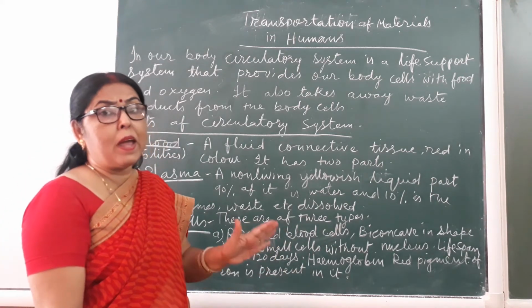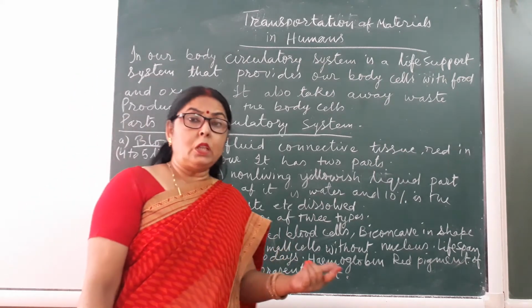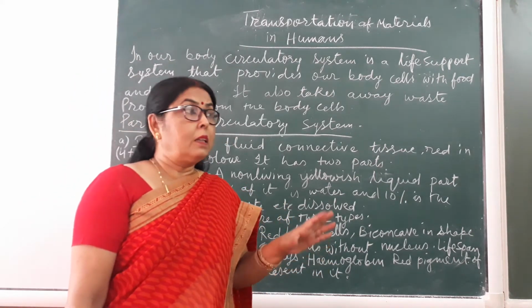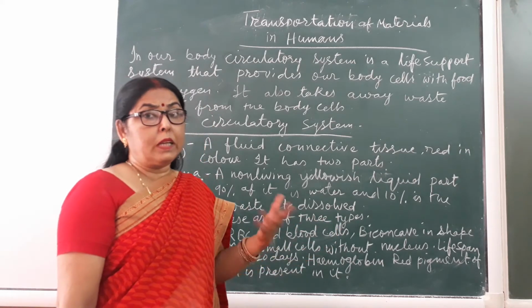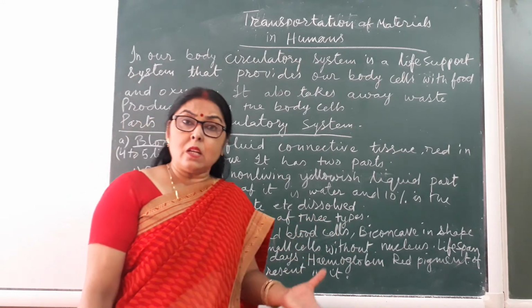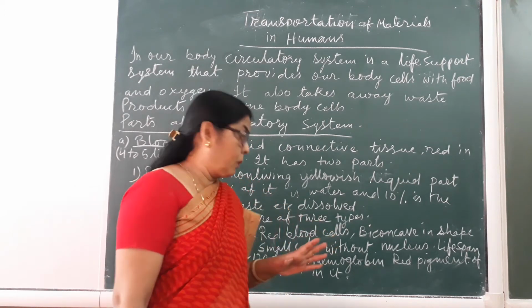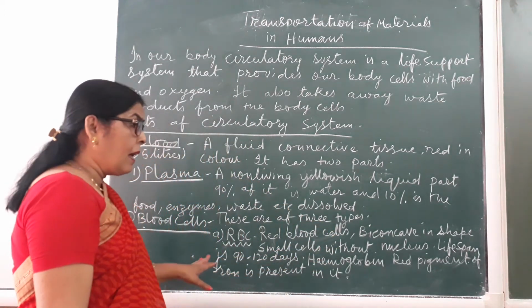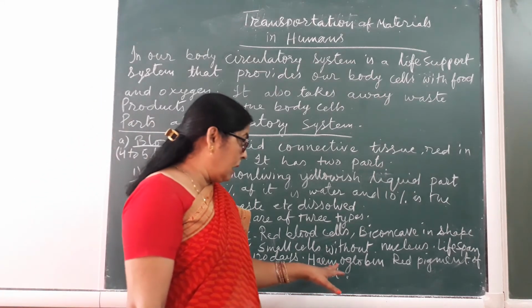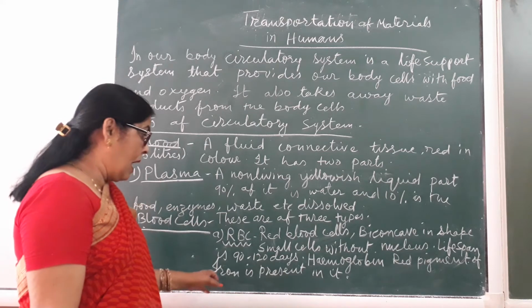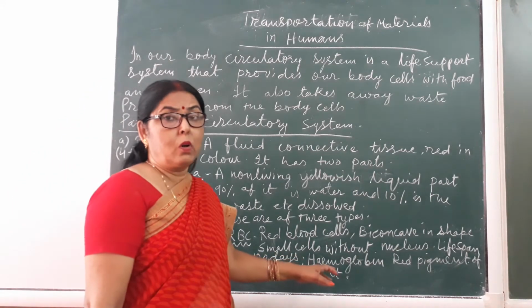Their lifespan is about 3 to 4 months. After 3 to 4 months, the RBC get degenerated and a new RBC is formed in the bone marrow. It has red color because it has a red pigment which is made up of iron and is known as hemoglobin.